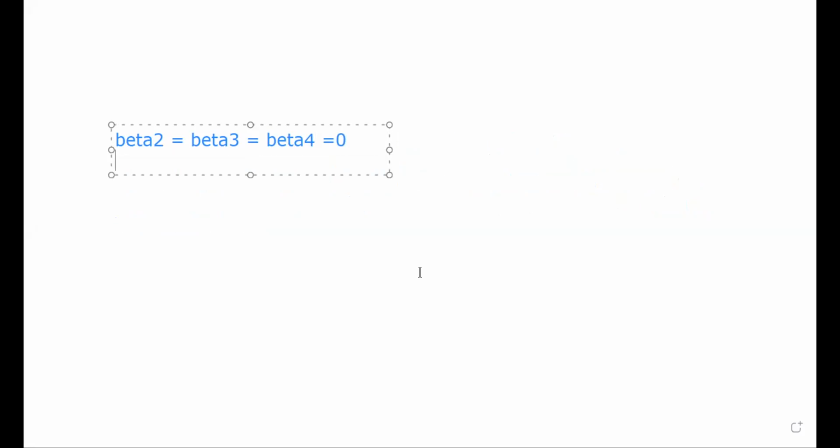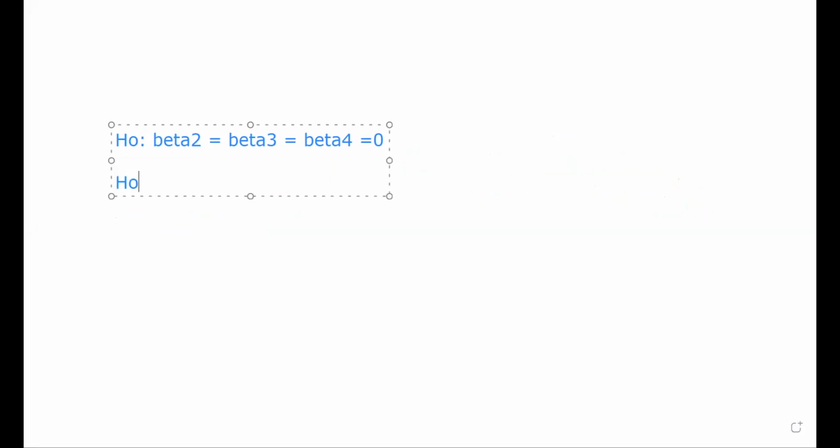This is one null hypothesis. Another null hypothesis is beta 2 equal to beta 3 equal to 0.